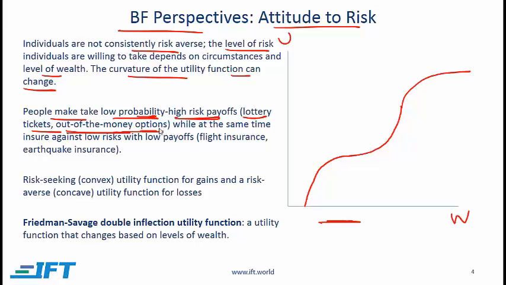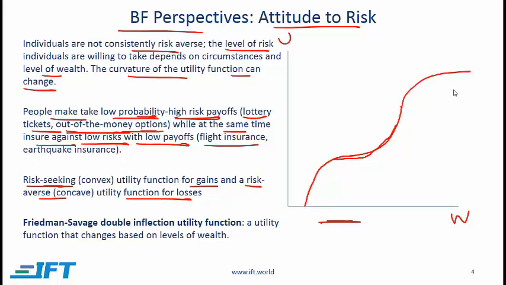But at the same time, people will buy insurance, where they are insuring themselves against low risks, and these insurance policies have a low payoff. Examples would be flight insurance or earthquake insurance. So notice that people do exhibit both risk-seeking and risk-averse behavior. People tend to be risk-seeking for gains and risk-averse for losses.